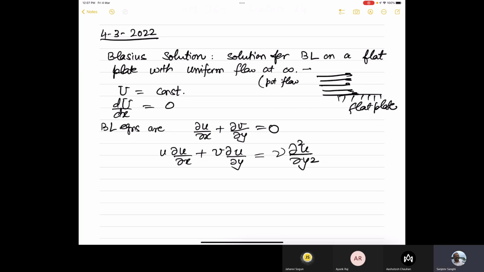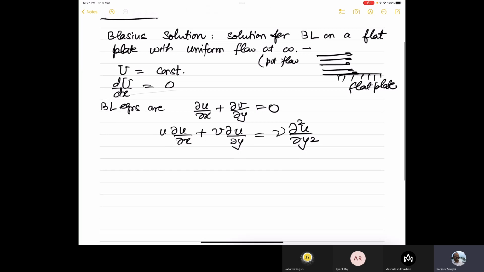So these are the boundary layer equations. Along with these, we have the boundary conditions: at y equal to 0, u and v are both 0, and as y tends to infinity, small u is equal to capital U.